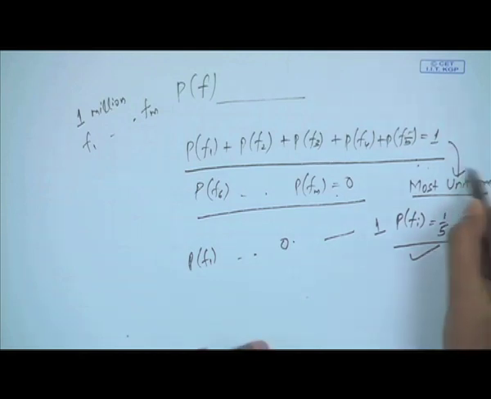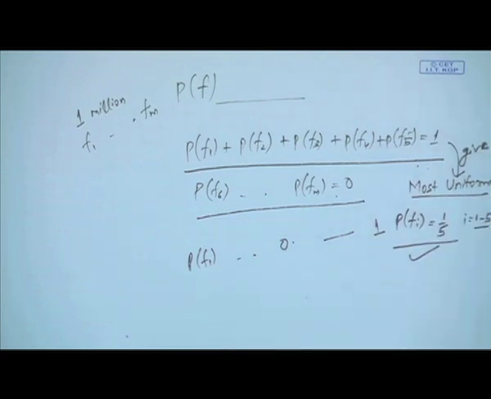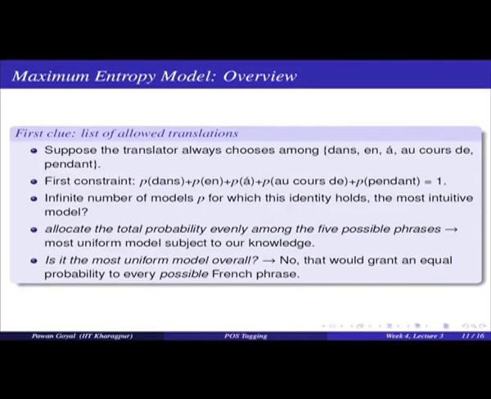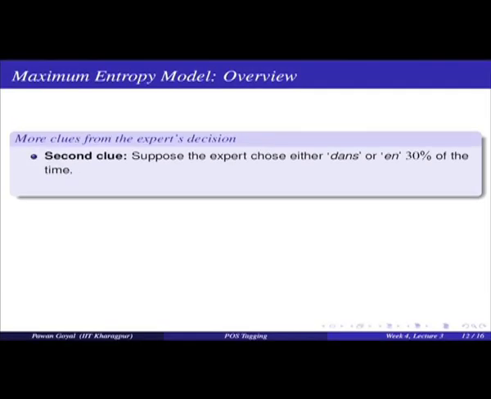It is most uniform given this constraint. And this is the idea: I will take some facts, some observations, and given the observations, I will find out what is the most uniform model.